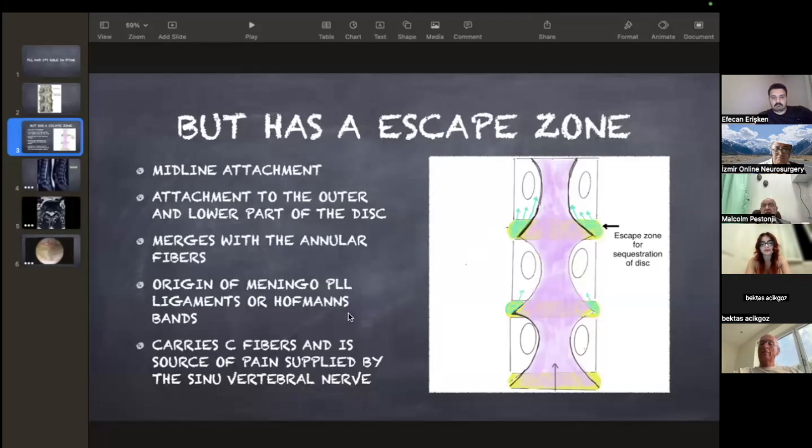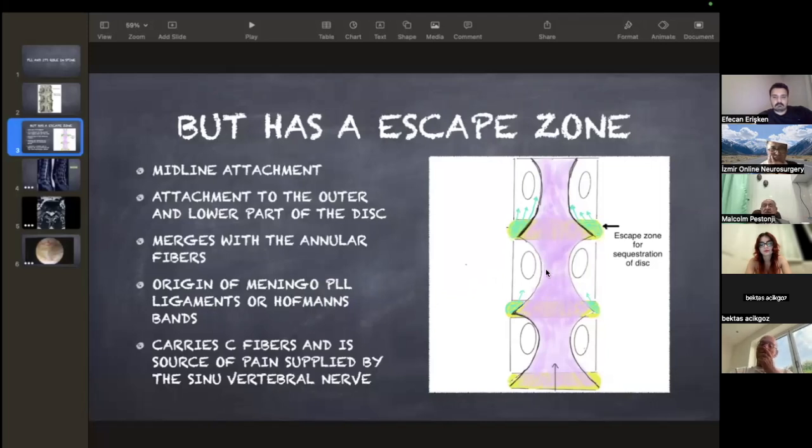But the more important thing is that it is the origin of the meningo-PLL ligaments or foraminal bands. Now what happens? Many times I'm asked this silly question, okay, doc, disc is on the right, why is the patient having a left leg pain? I'm sure that has come to your minds also.